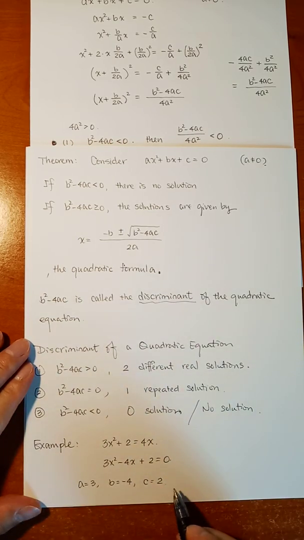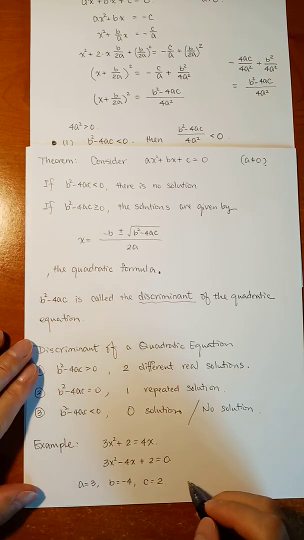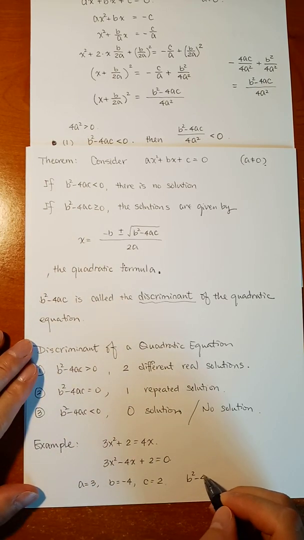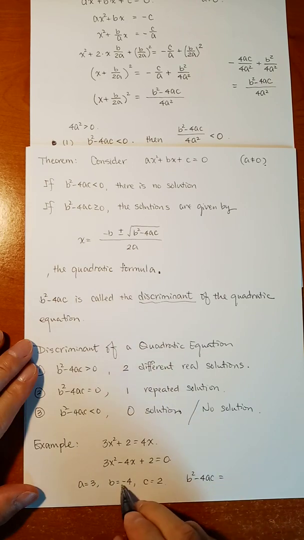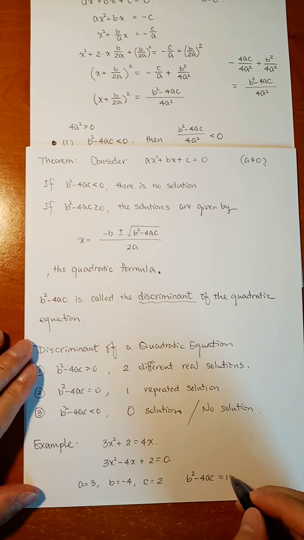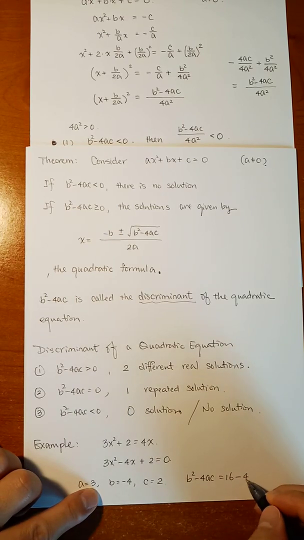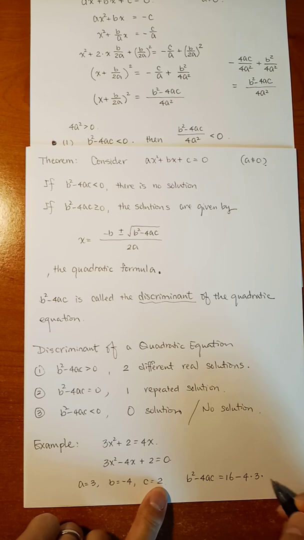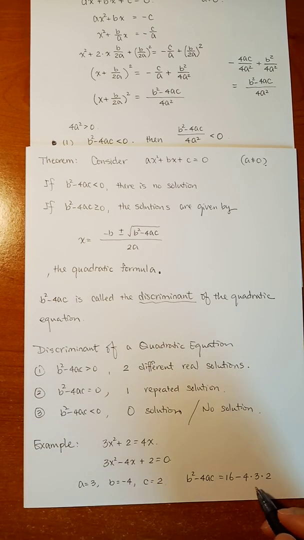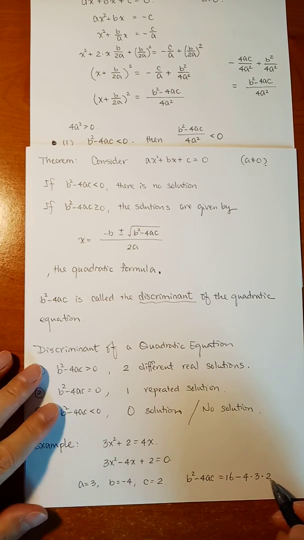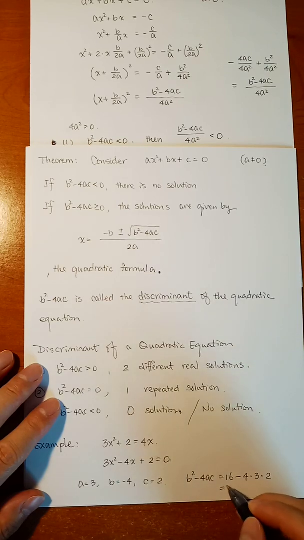Then you compute b squared minus 4ac. b squared, negative 4 squared, is 16, minus 4 times 3 times 2. 4 times 3 is 12, 12 times 2 is 24. So it's 16 minus 24, which is negative 8.